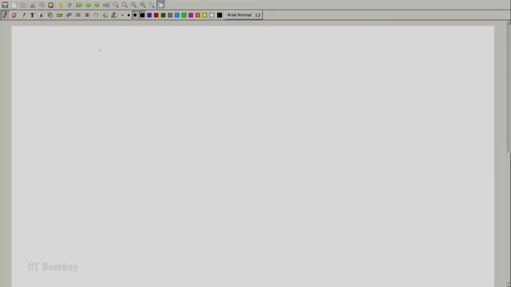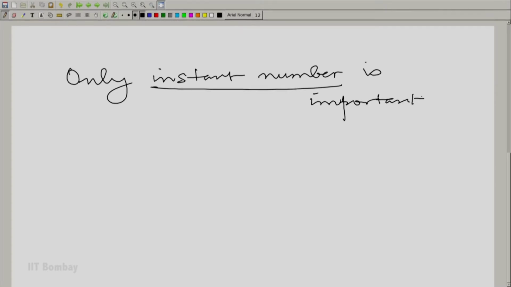It is only the instant number n that assumes some importance and some value. So, let us record that point down. We are saying, so only instant value or instant number is important once T is decided.